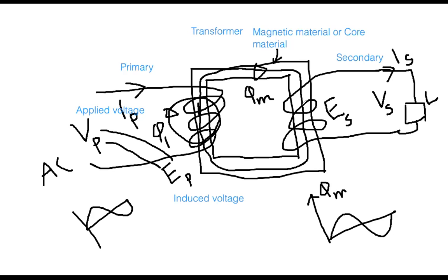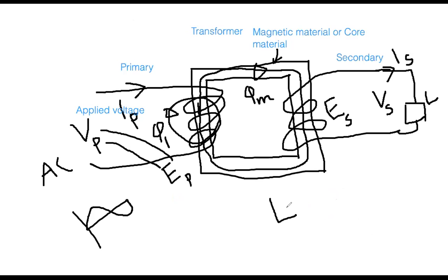So you remember that in the previous class I was discussing Faraday's law of electromagnetic induction. In this case, everybody see the equation: ES, the secondary induced voltage, is proportional to d phi m by dt.